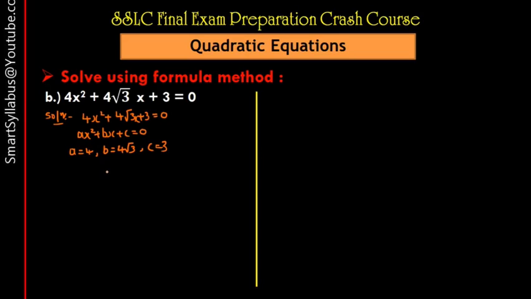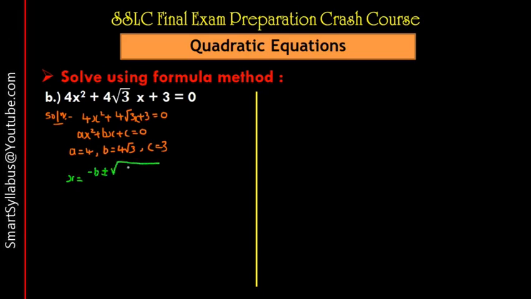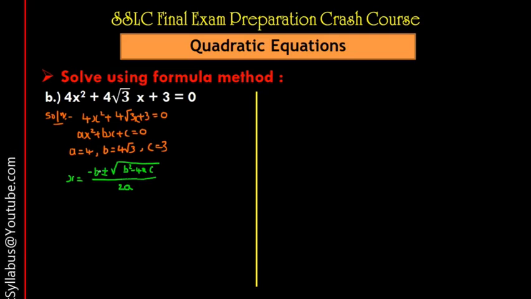So we have to write the formula first now. The formula is x is equal to minus b plus or minus root b square minus 4ac, the whole divided by 2a. This is the formula. In this we have to substitute the values of a, b, c now.